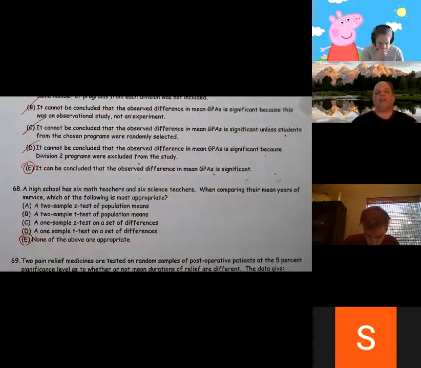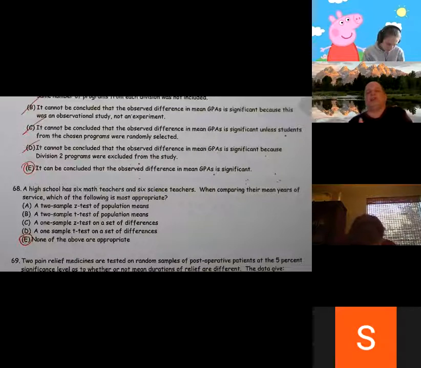So obviously, since I'm not taking a sample, I've done a census. This is going to be none of the above appropriate. If I had randomly selected 6 math teachers and randomly selected 6 science teachers, compared them, and found the mean difference from my sample and used that to estimate my population, then a two-sample t would be appropriate.